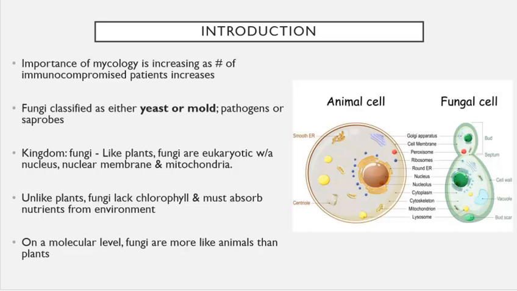Within the kingdom fungi, fungi are eukaryotic, like plants, with a nucleus, a nuclear membrane, and a mitochondria. Unlike plants, fungi lack chlorophyll and must absorb nutrients from the environment. So really, on a molecular level, fungi are more like animals than plants.